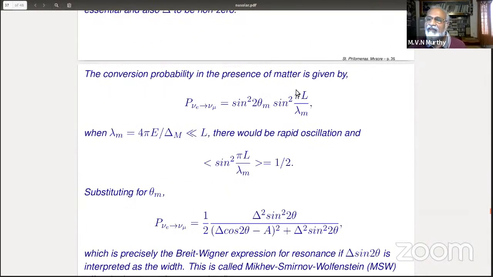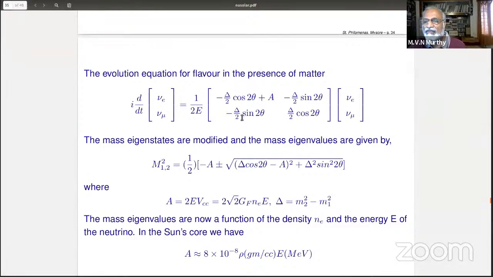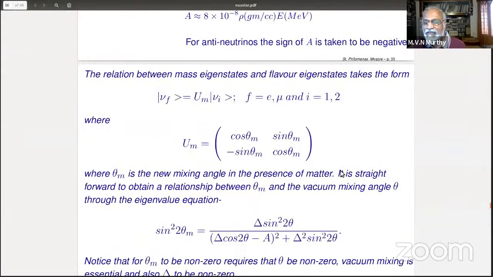Then this sin squared pi L by lambda m is just a different way of writing whatever we had calculated earlier. And this delta m is simply the eigenvalues of this matrix in the presence of matter. These are the ones which characterize the mass eigenstates in matter.